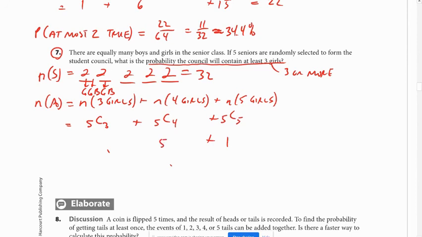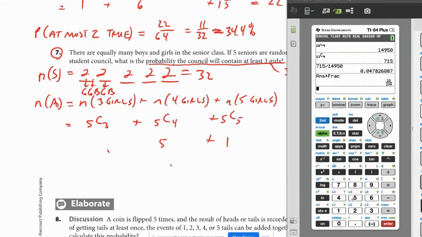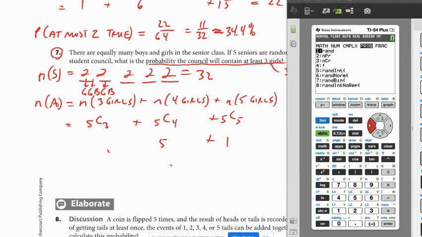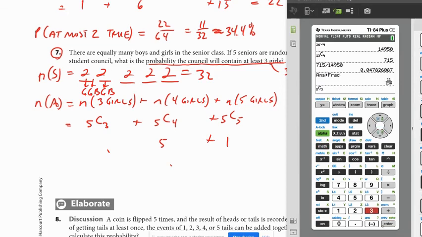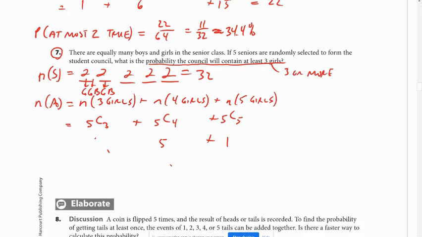And 5 choose 3 is 10. So we get 10 plus 5 plus 1, which is 16. And so then our probability that event A occurs is 16 over 32, which is 1/2.